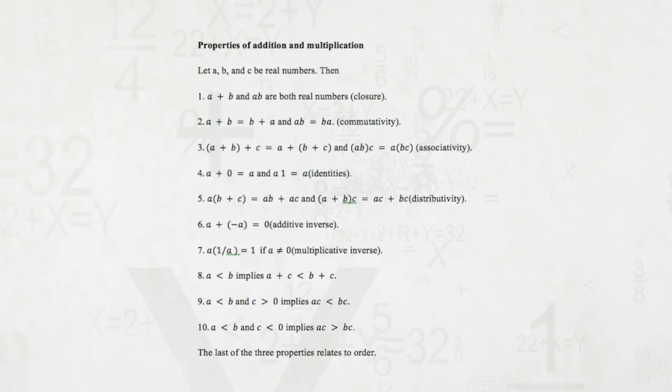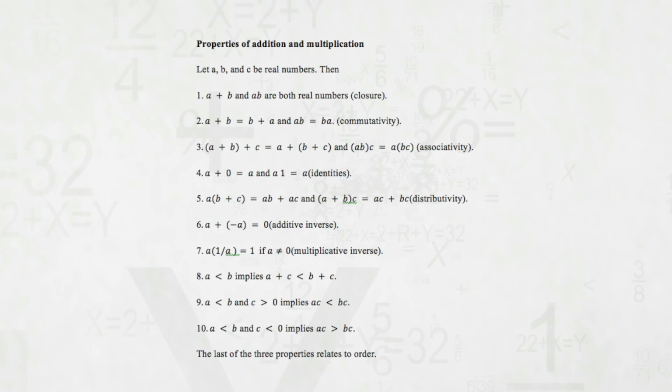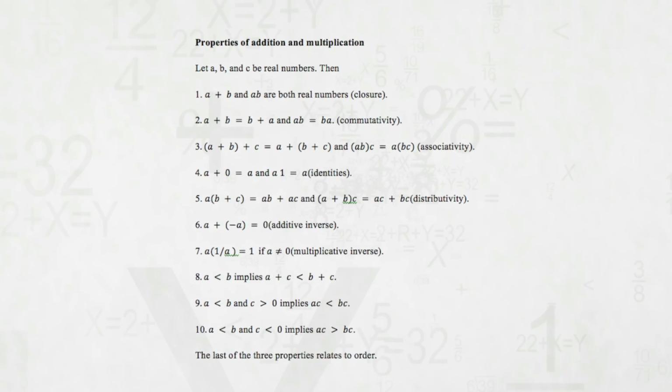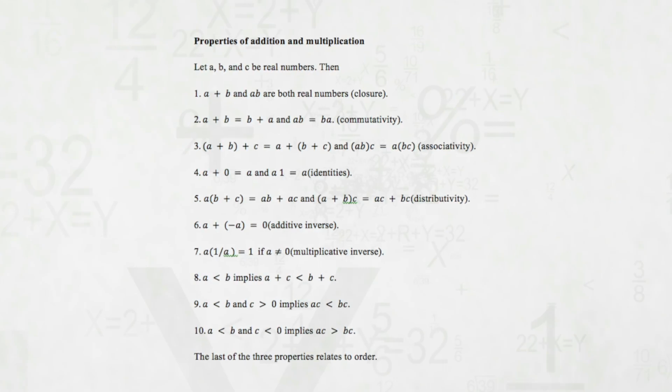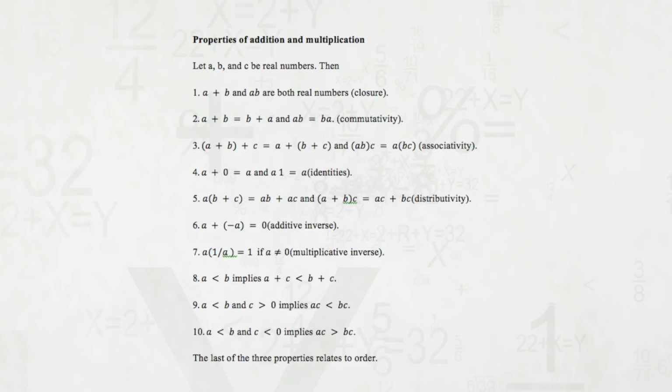And the fourth property is identity: a plus 0 is equal to a, and a multiplied by 1 is equal to a. The fifth one is distributivity: a multiplied by b plus c is equal to ab plus ac, and a plus b multiplied by c is equal to ac plus bc. The sixth one is additive inverse, that is, a plus minus a is equal to 0.